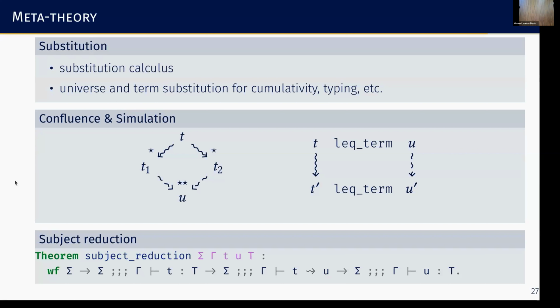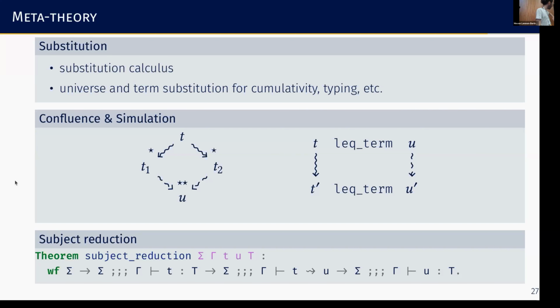So if you have two things that are related with this, like they're the same up to universes, and you reduce on one side, then you can match it with a similar reduction on the other side. And using these two things together, you can get a lot of properties on how conversion behaves and so on.